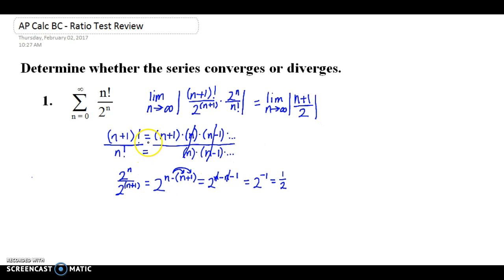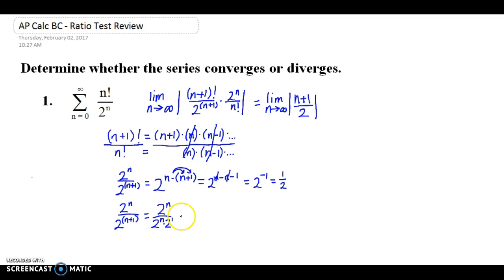The other way to think about it is really to use one of your properties of exponents backwards, kind of. So 2 to the n over 2 to the n plus 1, the denominator here, 2 to the n plus 1, we could actually use a property of exponents backwards and say that 2 to the n plus 1 actually came from multiplying 2 to the n times 2 to the first, because when you multiply common bases, you add the exponents.